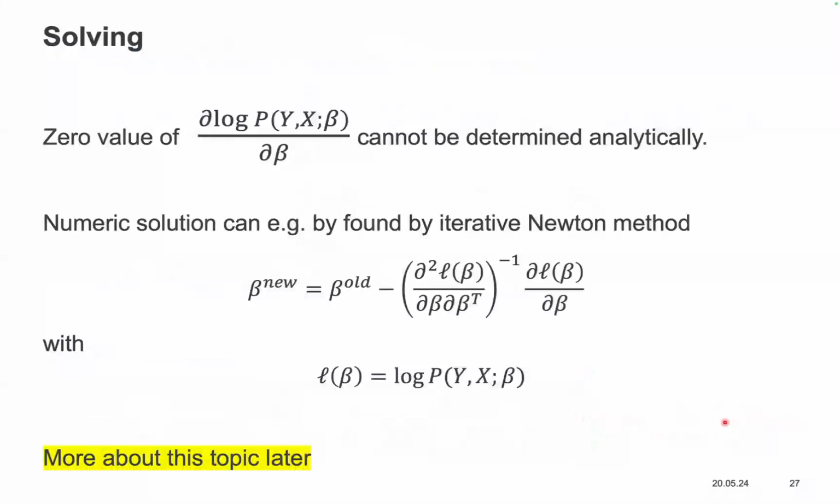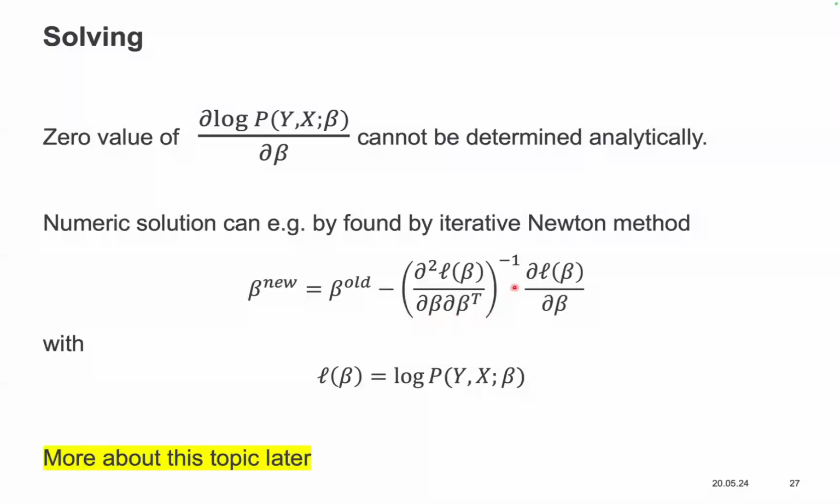Now, unfortunately, there is no analytical solution for that, but we can take this term and try to find a zero position by the iterative Newton method, where we update our beta, taking some random guess initially, and then increasingly approach lower values using Newton's method. And here, this is just the logarithm of the probability that I showed you on the slide before.